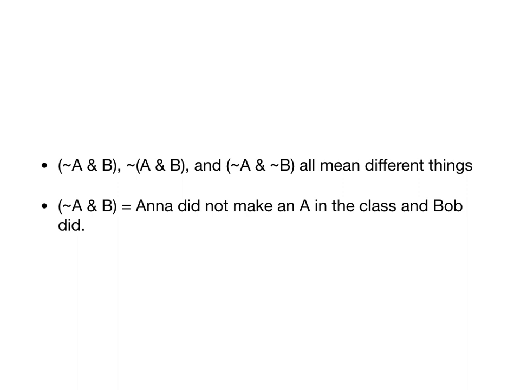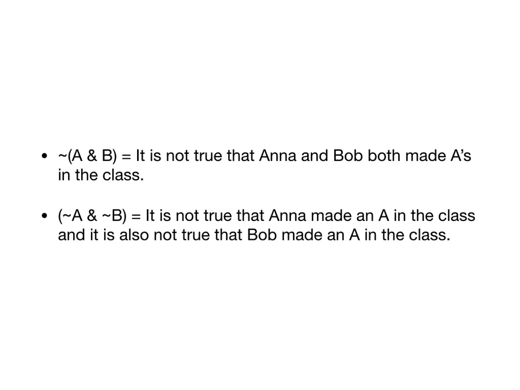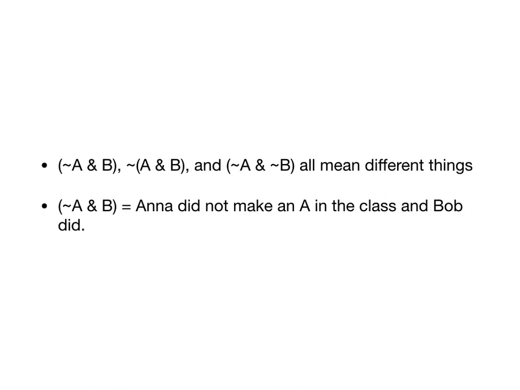This is only true if she did not make an A and he did. Not parentheses A and B means it is not true that both Anna and Bob made A's in the class. This could be true if she made an A and he didn't. It could be true if he made an A and she didn't. It could be true if they both failed, right? That's a lot different than this one, which is only true if she did not make an A and he did.